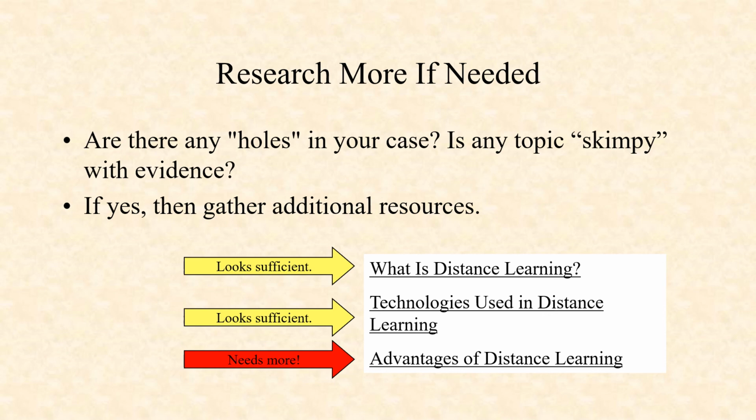If I'm trying to prove that distance learning is a good thing in the classroom, I better make sure that I have enough advantages in my advantages section, because otherwise my case will be skimpy. It's not going to have enough evidence. So if I run into this situation, simply go back and either look for more information in the articles you've already researched, or go out and locate an extra article or two.